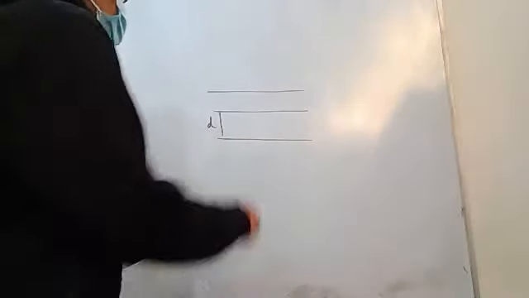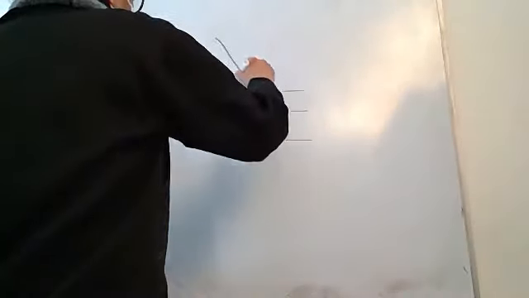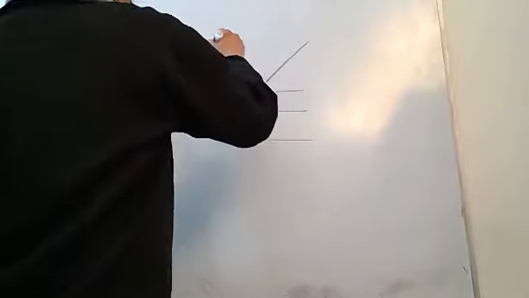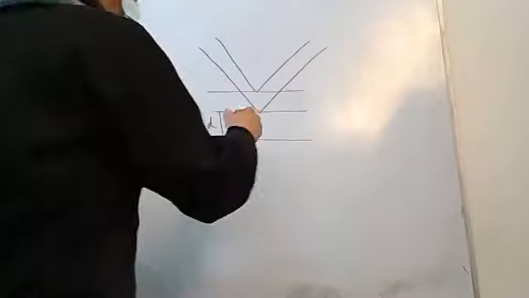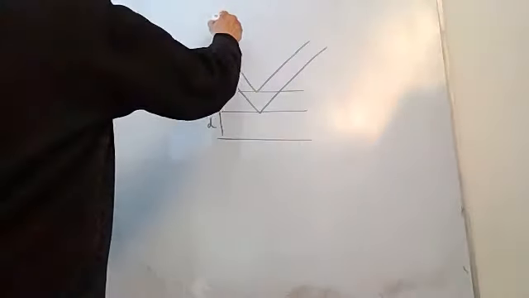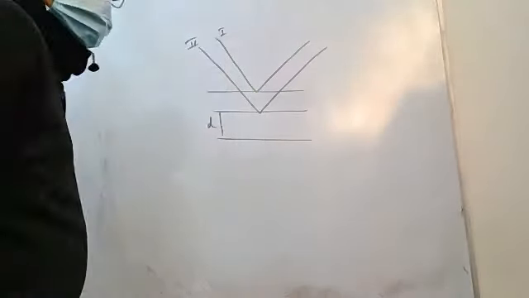Now, the way we are doing this is we send an X-ray and then get that diffracted, and then you have another X-ray coming and going around this one. So this is ray number 1, this is ray number 2.